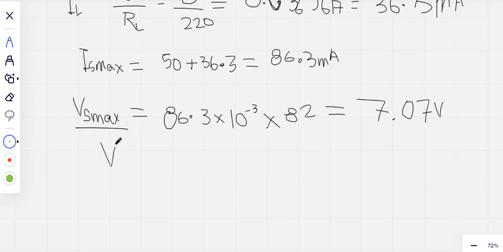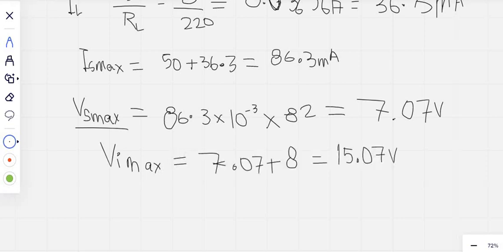So for Vi max, we need to add Vs max plus Vz. 7.07 plus 8 volts, it should come 15.07. I can orally calculate that. Let's just write it quickly. This is the value of Vi maximum, 15.07.